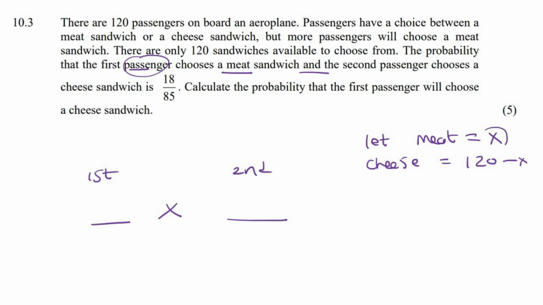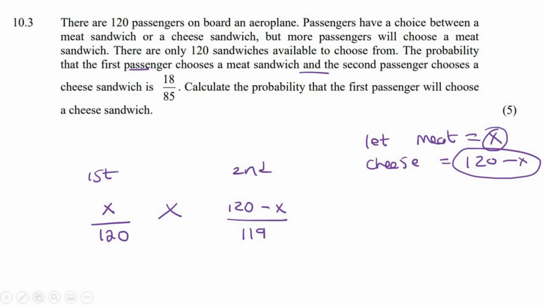Well, there's x meat sandwiches, and 120 sandwiches altogether. When the second person makes a choice, there are only 119 sandwiches left. And how many cheese sandwiches are there? No one has chosen a cheese sandwich yet, so there's still 120 minus x.